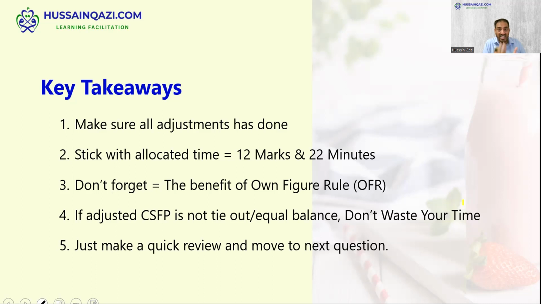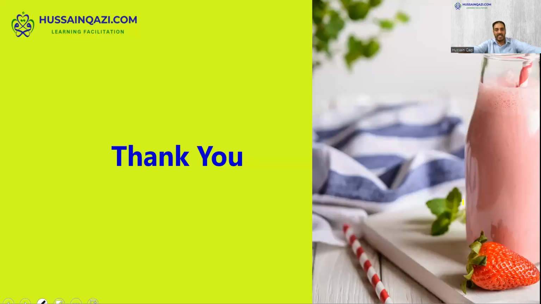Because if you unnecessarily invest more time to reconcile or match the balance sheet, actually you will lose the marks of the rest of the questions. So always stick with time management. If you have done something wrong, no worries about that. Keep moving.